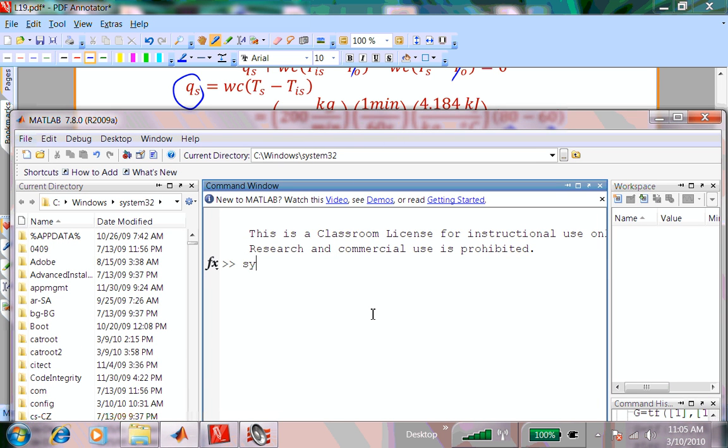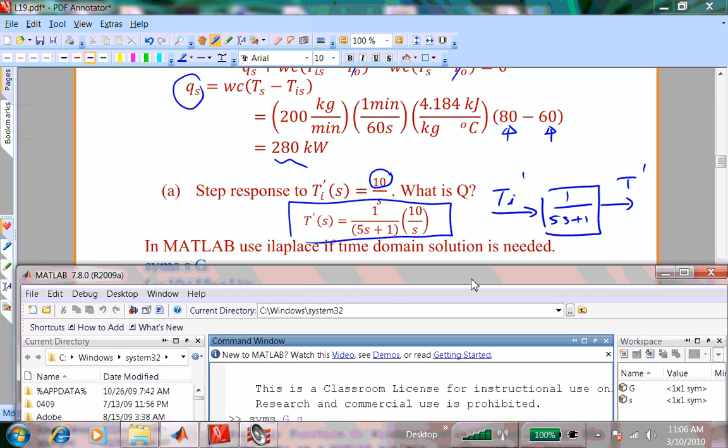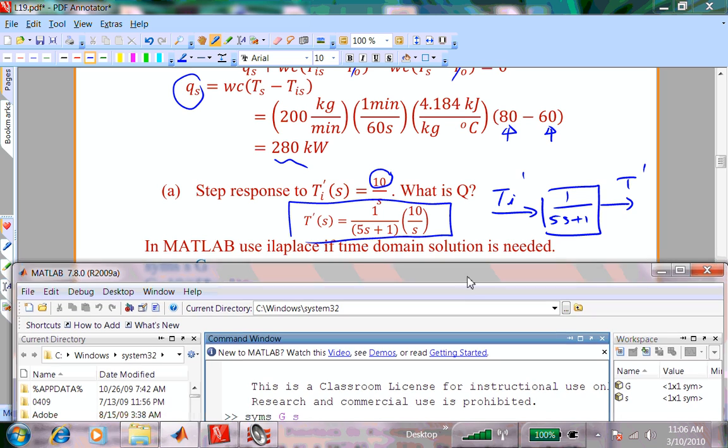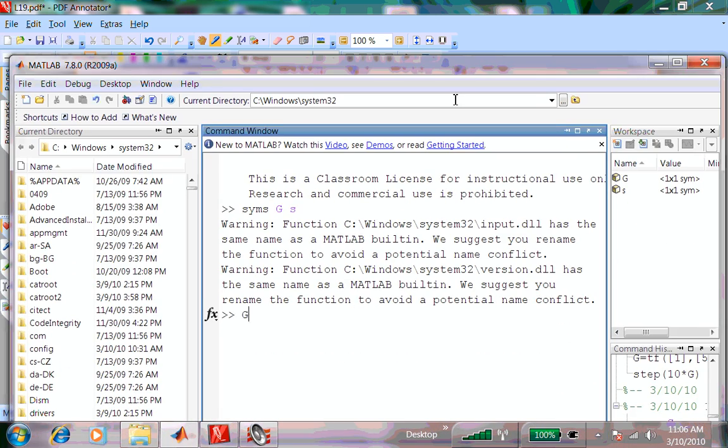I'm going to define syms G and F. Now I'm going to define that particular transfer function, T prime of s that you see: 10 divided by s, times 1 divided by 5s plus 1. So G is equal to 10 divided by s divided by 5s plus 1. That is the net transfer function including the step response.